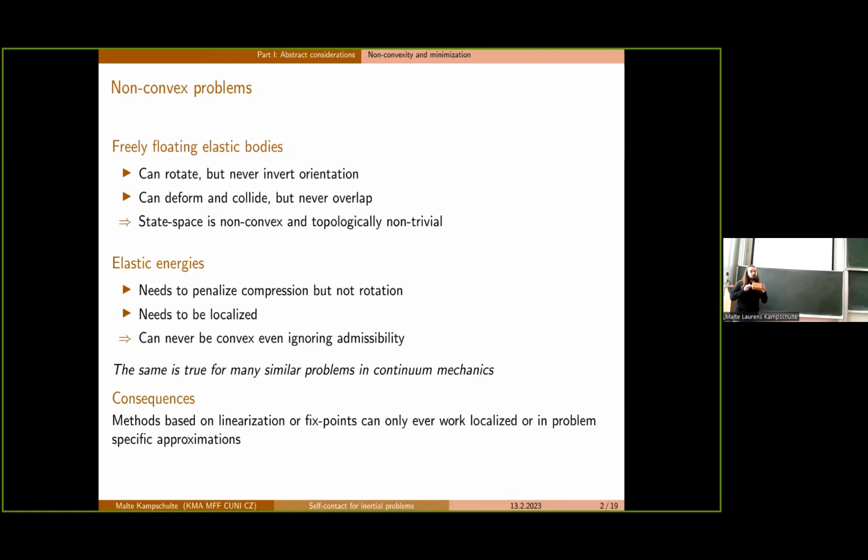Sure, you can linearize around a certain deformation, but this will not tell you about a completely different deformation. And all those standard fixed point methods: Banach fixed points need some contraction, which probably means you're close to where you started, or Schauder relies on a convex set, so it's out.